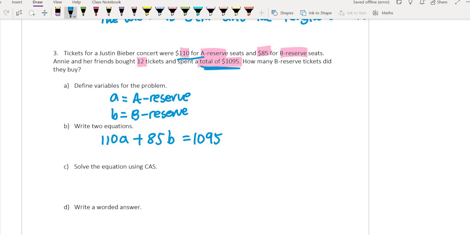So that's these two put together, because we know Annie bought 12 tickets and it cost this much. And the other bit of information is that Annie bought 12 tickets. So we know Annie bought 12 altogether.